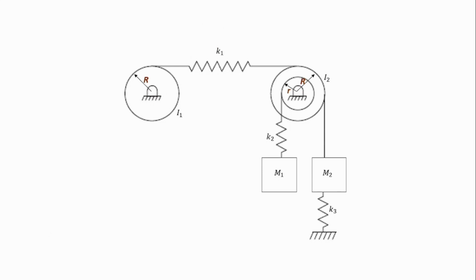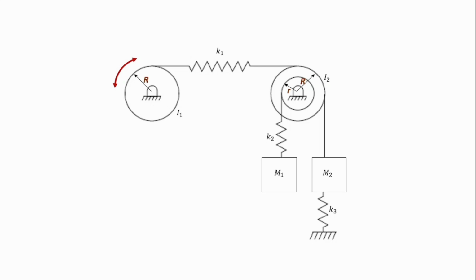If we have this system, which is a collection of pulley systems and masses that are connected to each other, and we want to see how the vibration will progress for this particular system. If we take the first part of the pulley and we assume it to be undergoing torsional vibration, that is, it's rotating to and fro about its axis.